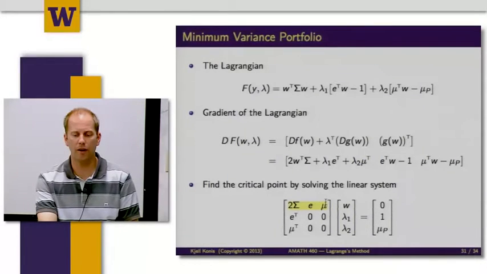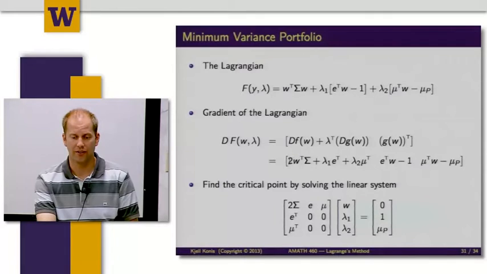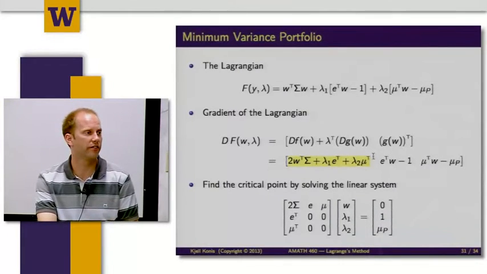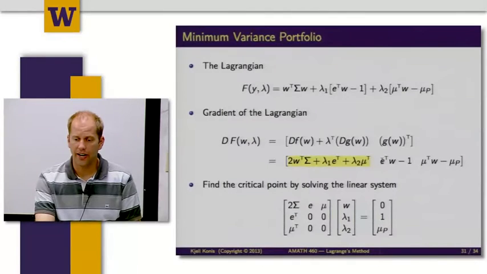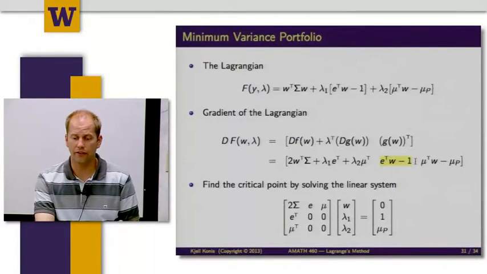And now if I do the dot product of this row and this column, I end up with 2 sigma w plus E lambda 1 plus mu lambda 2, which is just the transpose of this here. So if I can make this thing equal to 0, then I'm also making this thing equal to 0. Then I need E transpose W to equal 1.